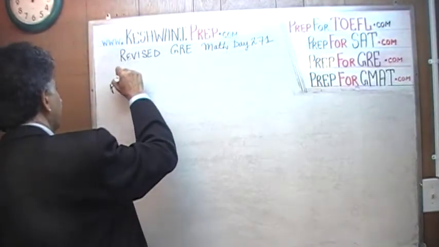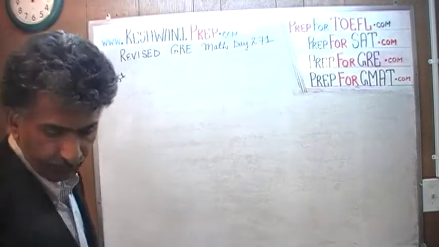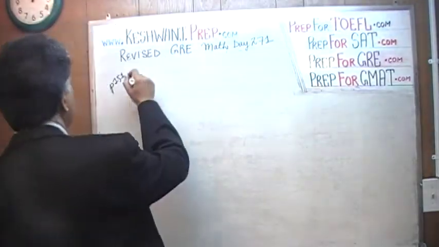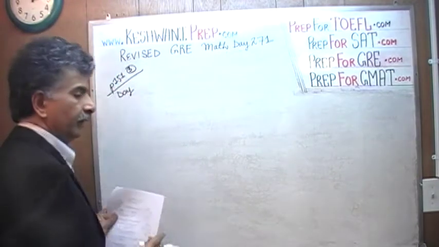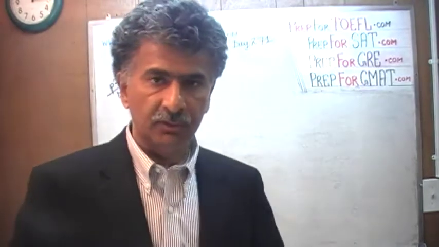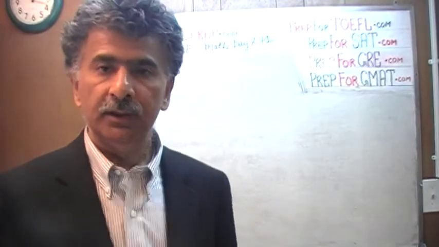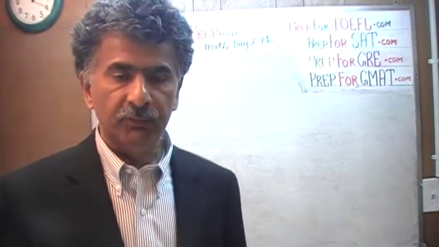Page 151. The very first problem that we see there, problem number 3. This is the same problem that appeared in the first edition of the revised GRE book. We have already solved all the problems from the first edition.